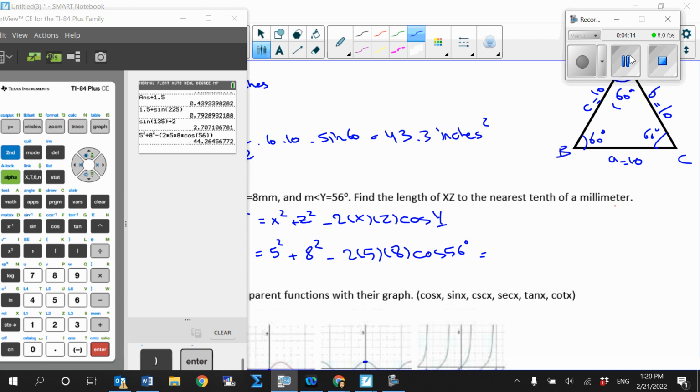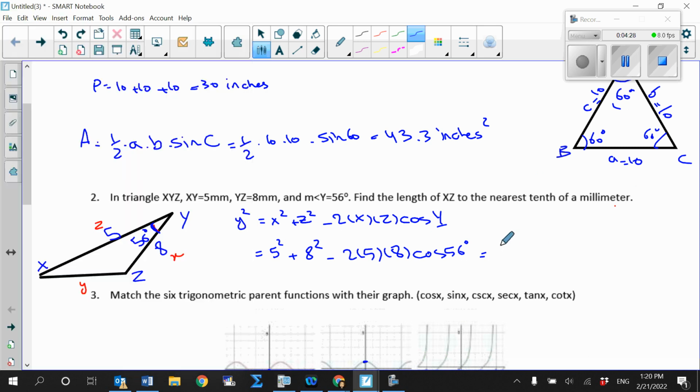And next I need to find the square root of this value. So I'm going to find the square root of the second answer. So 6.65. Oh, I'm sorry, I needed to write that this is y squared. And from here, when you find the square root of that, 6.67 is the measure of side y.